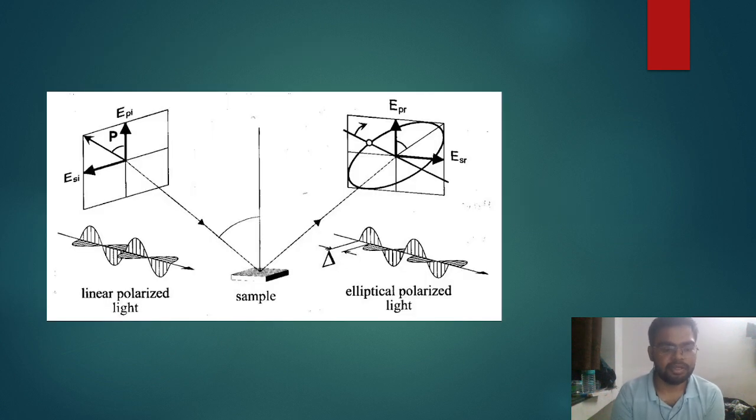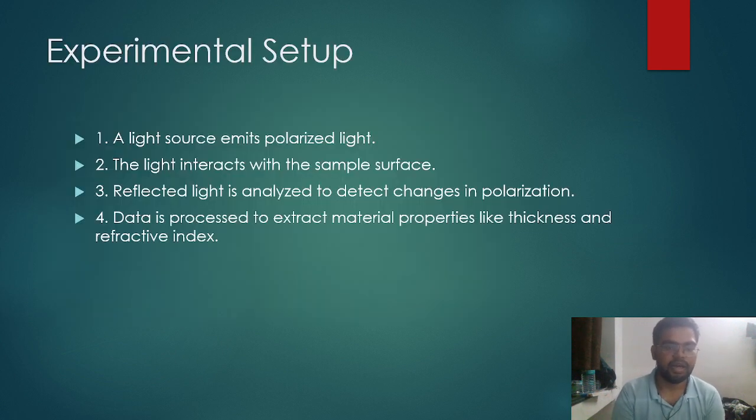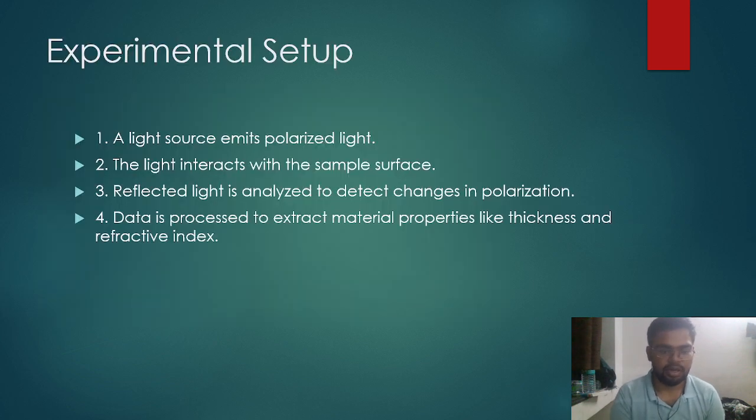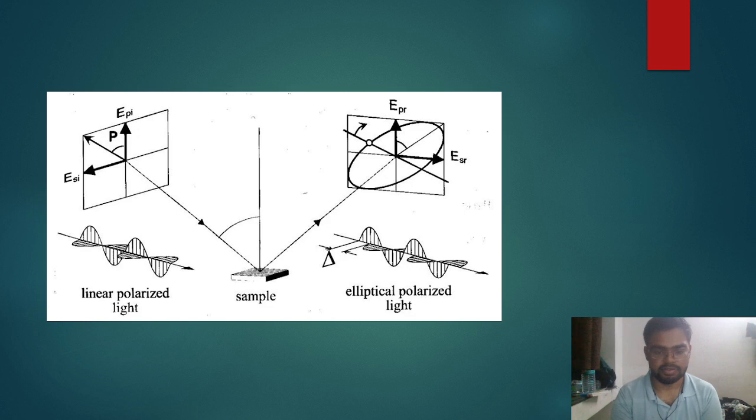So, as an experimental setup, we'll need a light source which emits polarized light. The light interacts with the sample surface. Reflected light is analyzed to detect the changes in polarization and the data processed to extract material properties like thickness and refractive index.